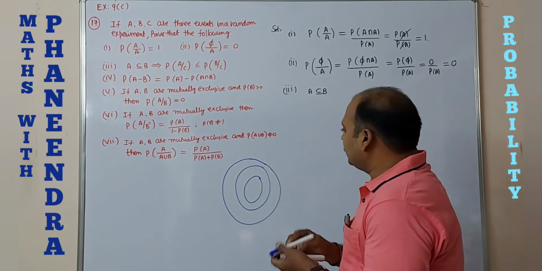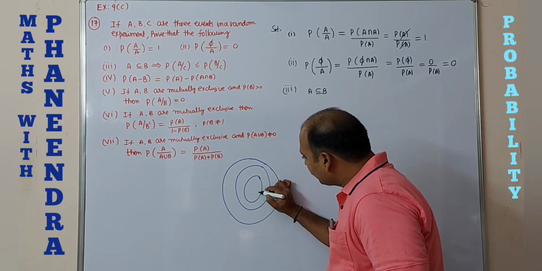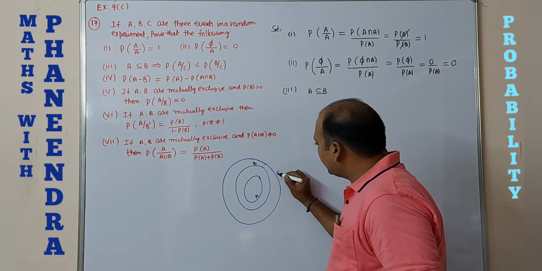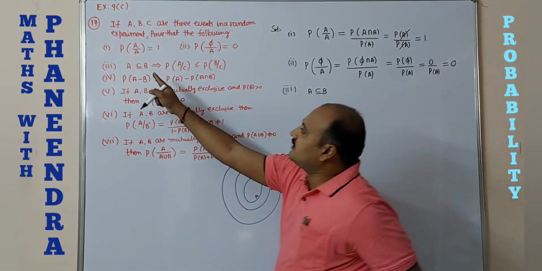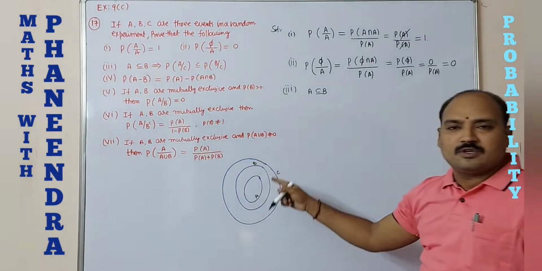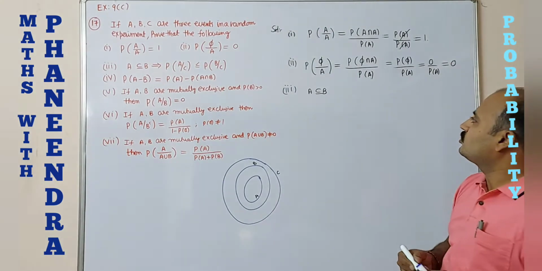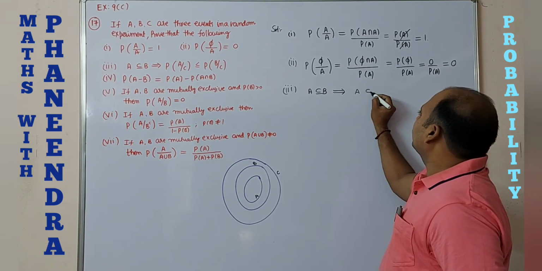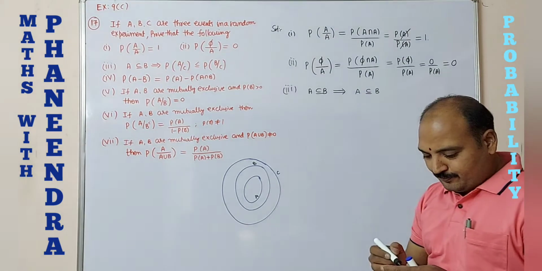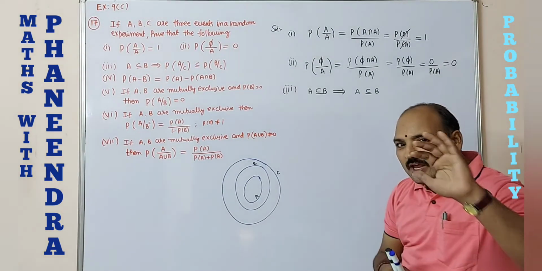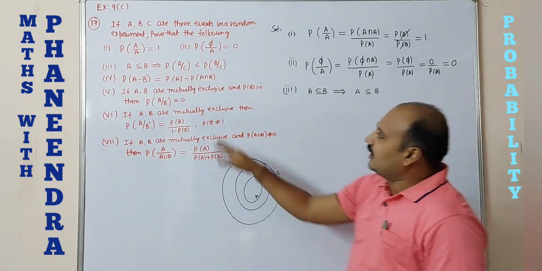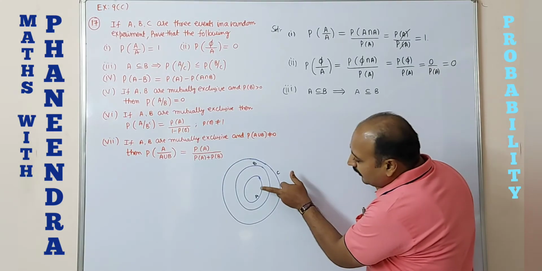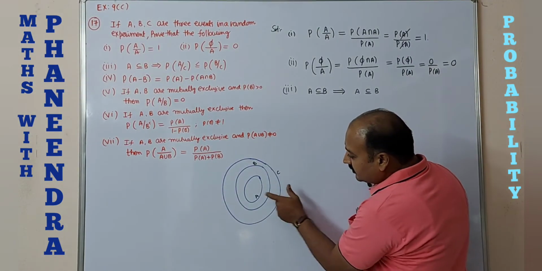Suppose we take this one as A, this one is B, and this one is C. A is a subset of B or not, we will verify from this figure. So A is a subset of B. And the relation between A and C, B and C also we need to take now. So first A and C I am taking here.